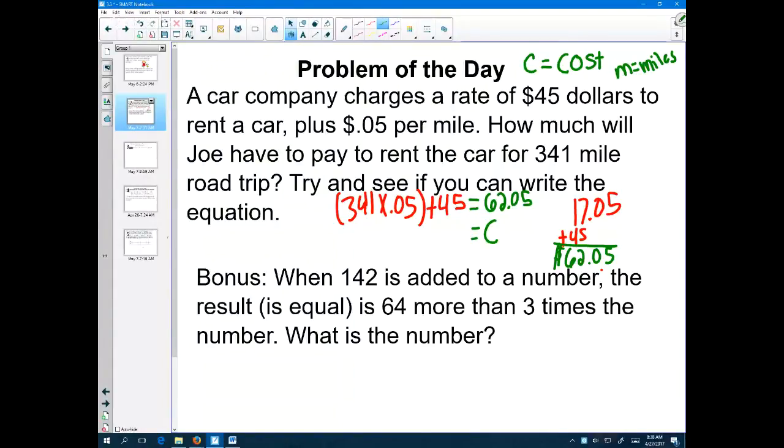341. Okay, so we should use M, but remember, multiplication we should write it the other way. Should be 0.05M. Then what do we have to have? There's one more thing we need in this equation.